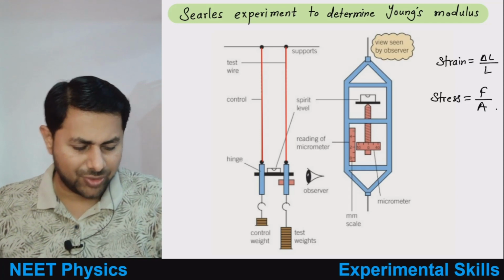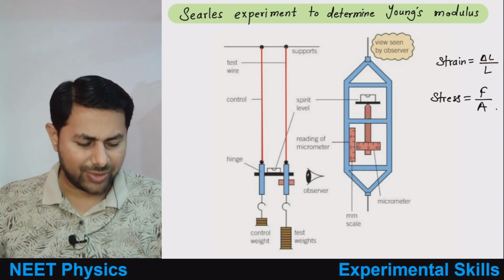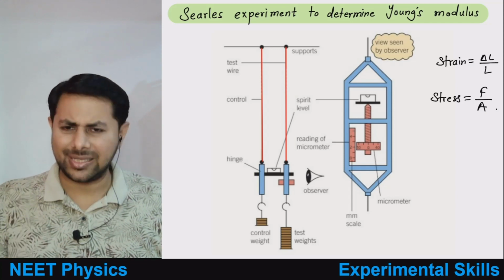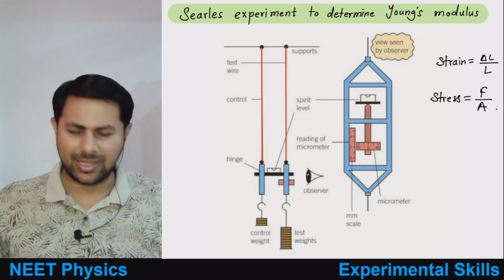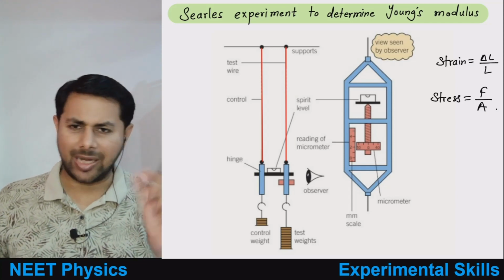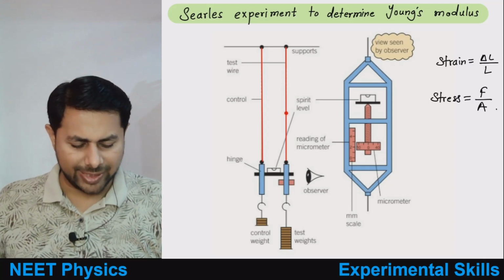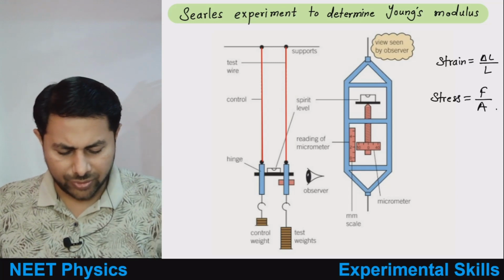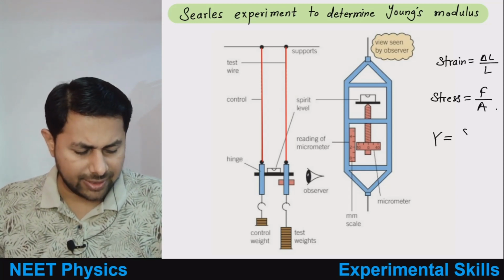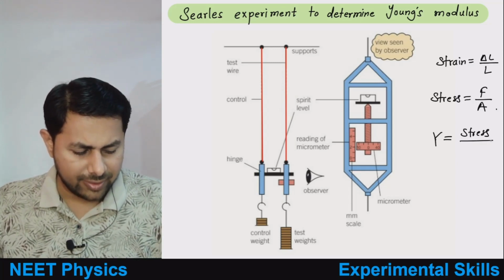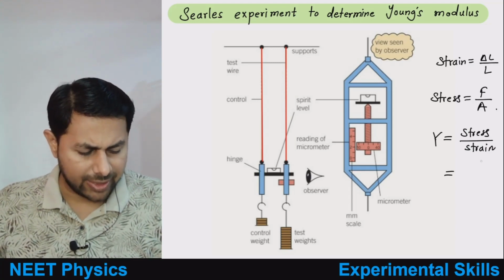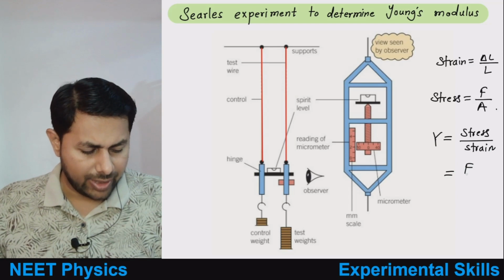So you know the original length of the wire, you also know the area of cross section of the wire, so you measure that beforehand using a micrometer screw gauge. And then you know Young's modulus is just stress divided by strain, right?